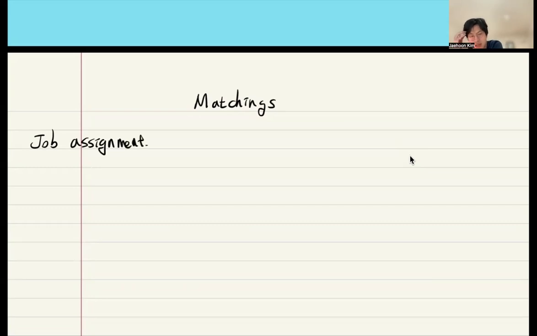One very natural problem where we want to use graphs is this job assignment problem. There are jobs, say 1, 2, ..., n, and there are many sets of applicants.